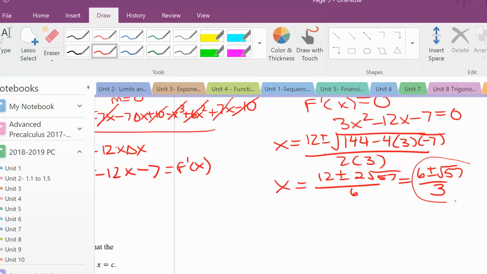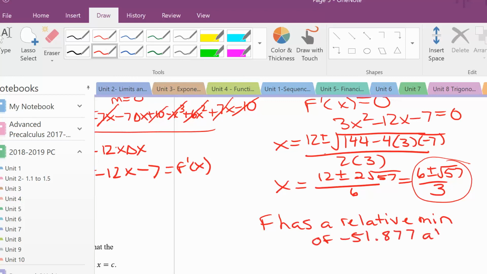You have to put these values back into the function, and you'll find out that f has a relative minimum of negative 51.877 at x equals 6 plus radical 57 over 3.